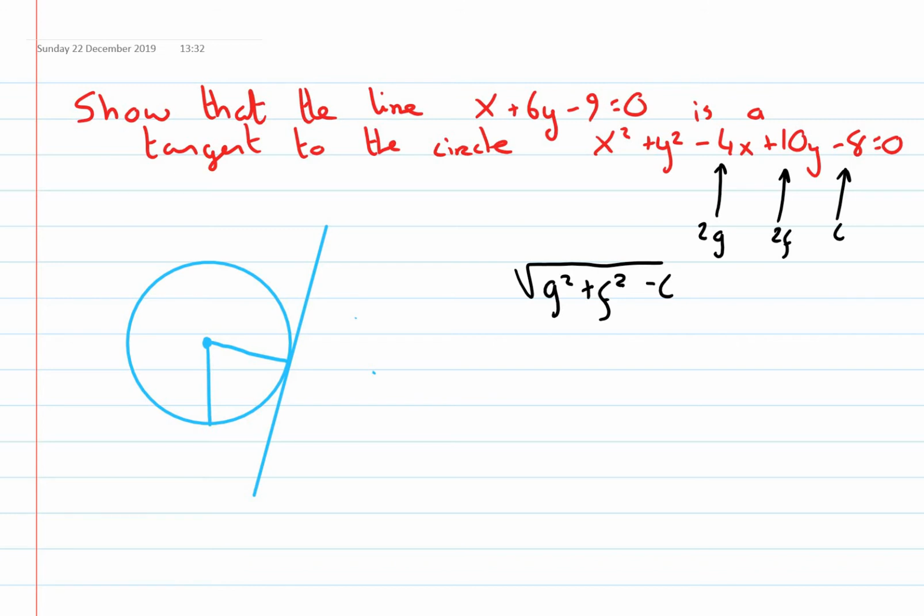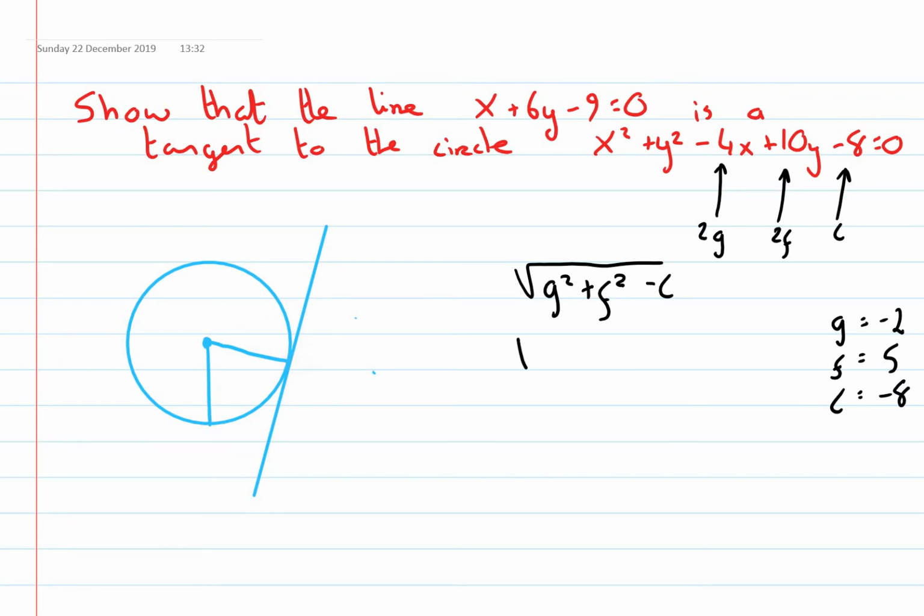So if I write down what g is, what f is, and what c is: 2g is minus 4, so g is minus 2. 2f is 10, so f is 5. c is minus 8.